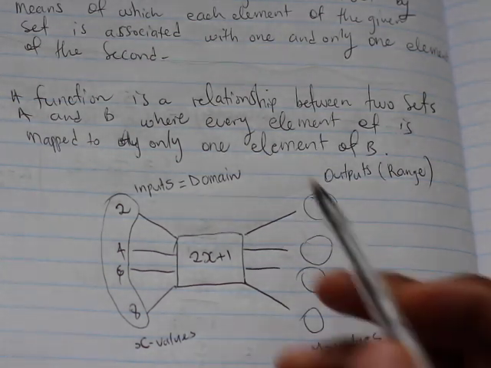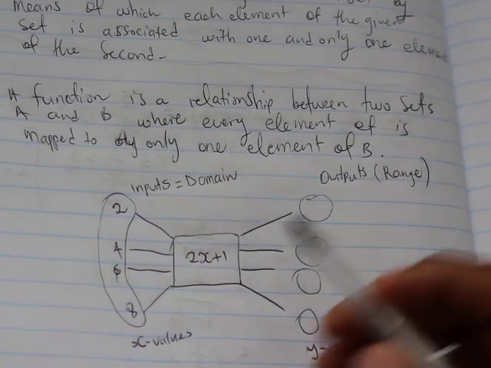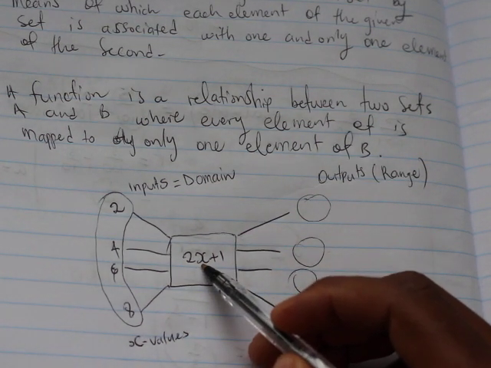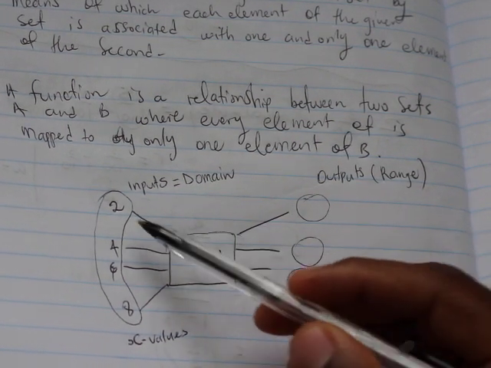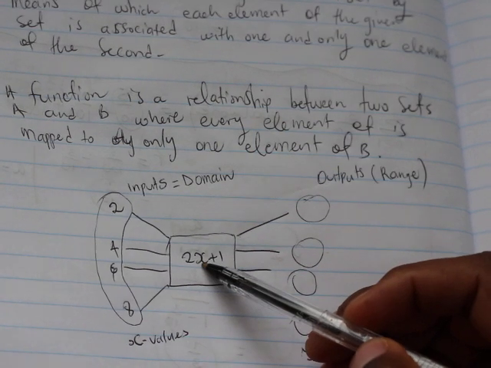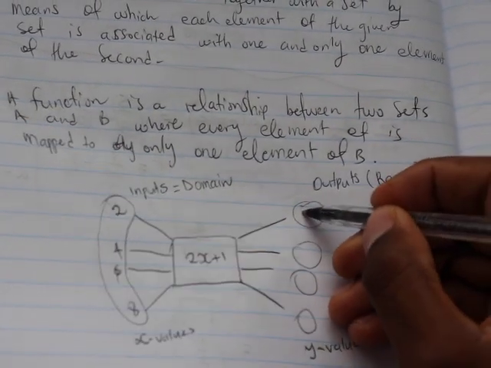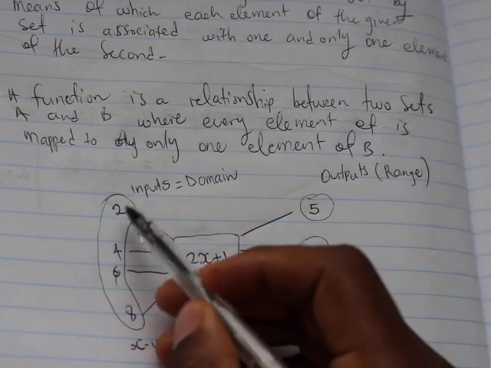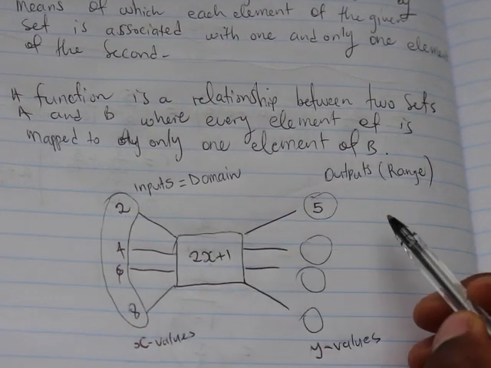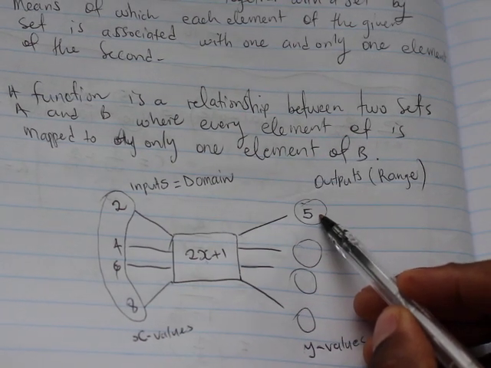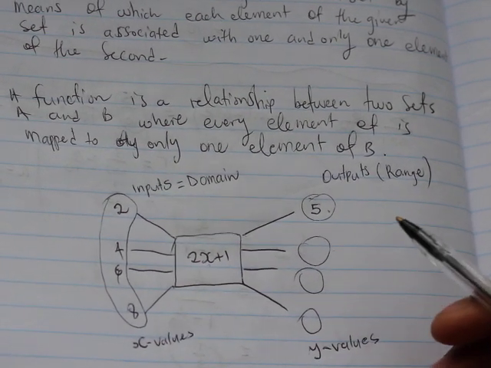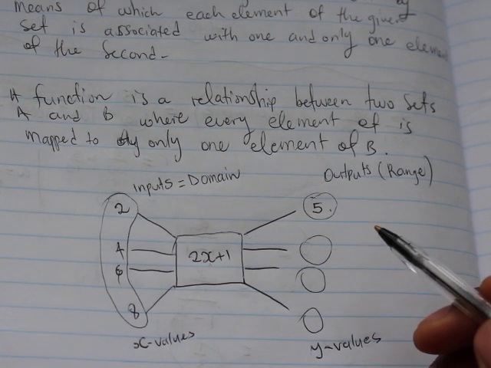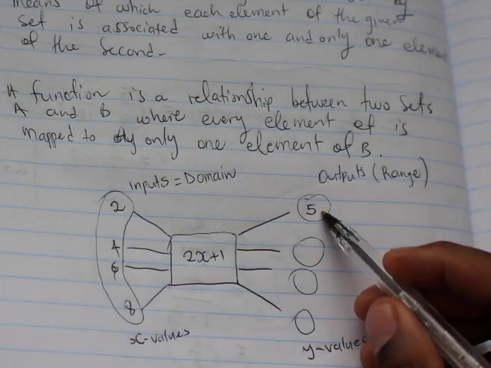Okay, so obviously to find the corresponding y value, we need to substitute x there, right? So if we substitute the 2 there, 2 times 2, that's 4, plus 1, that gives us 5, right? So meaning that 2 is mapped to 5. In other words, when we put 2 as our input, our output is 5.